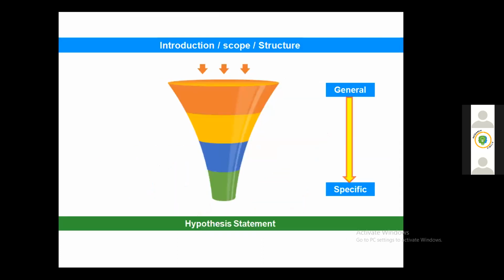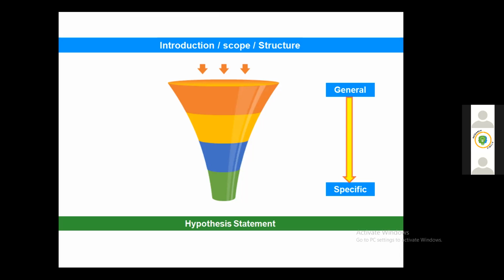So your research activity includes literature survey. It is just like a funnel: whatever things you put in the inlet, it goes down, and finally you get the hypothesis. So general to specific sorting is carried out in the literature.